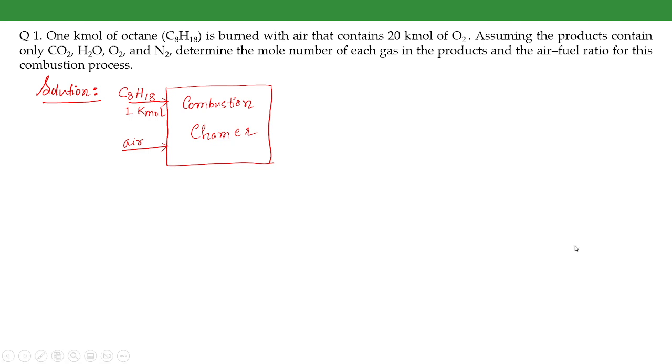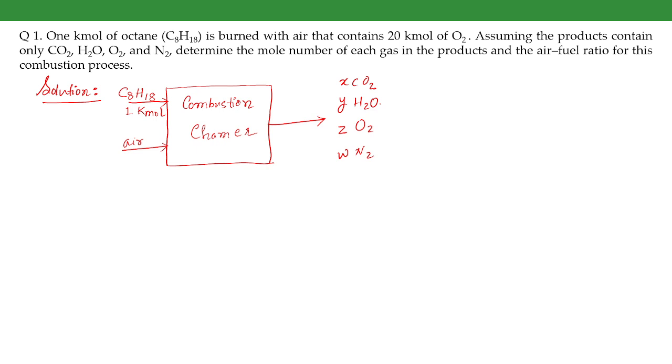Okay, so the products here are X for carbon dioxide, Y water. Let us assume, so the products are carbon dioxide, water, oxygen and nitrogen. So let this be X, Y, Z and W. Now essentially nitrogen, although it is present in air, does not take part in the reaction.